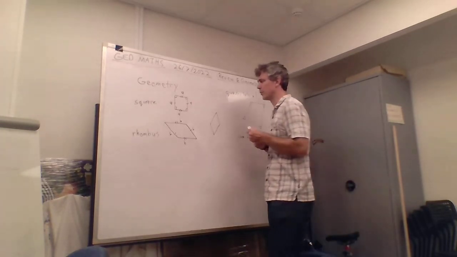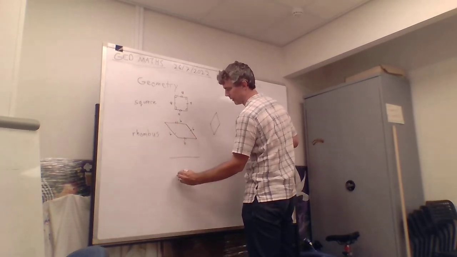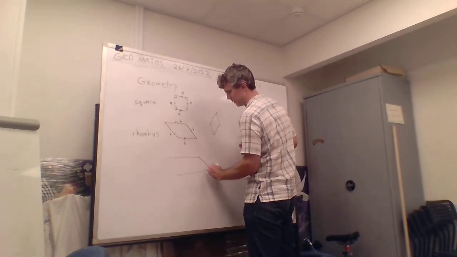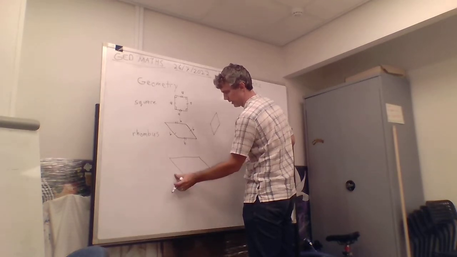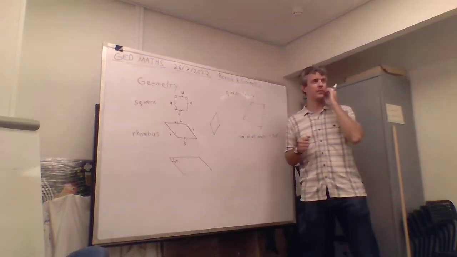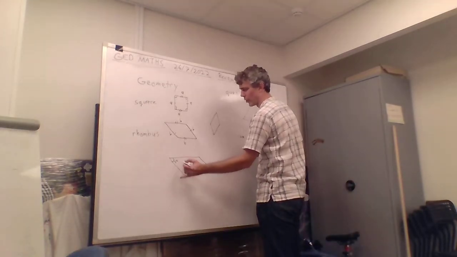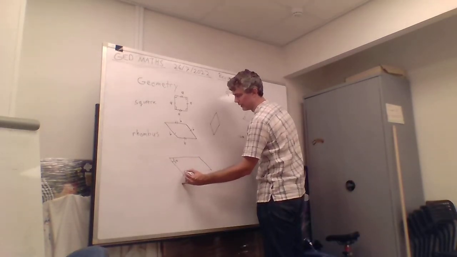Here we have a parallelogram. Draw it like that. If I were to tell you this angle here is 30, you could find the rest of the angles. Because it's a parallelogram, you know this is 30, so this one's going to be 150.